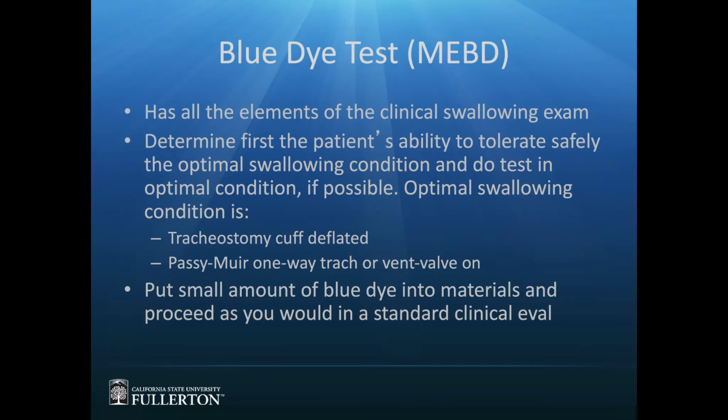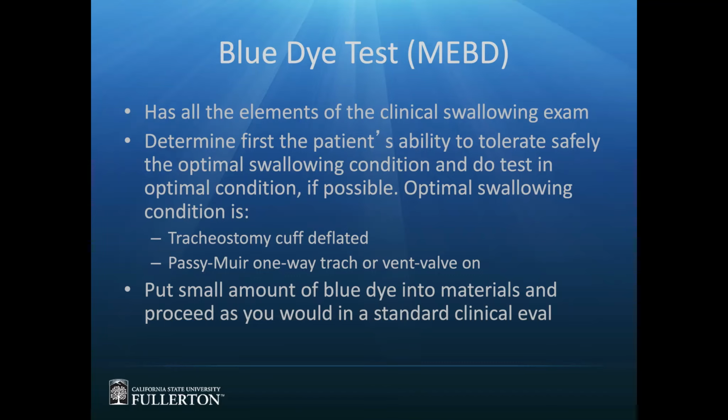Respiratory care practitioners and pulmonary physicians have been using the Evans blue dye test for a long time in order to determine if somebody can swallow their secretions. We're not even really talking about eating, but just swallowing the secretions safely enough to not need their tracheostomy tube cuff inflated. In other words, to take a step toward decannulation and normalization.